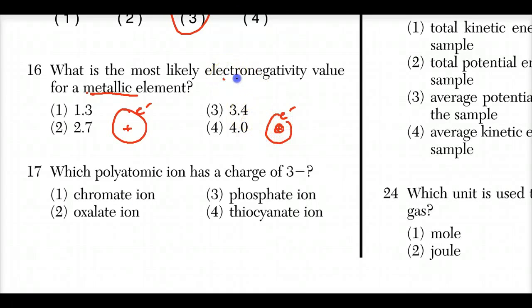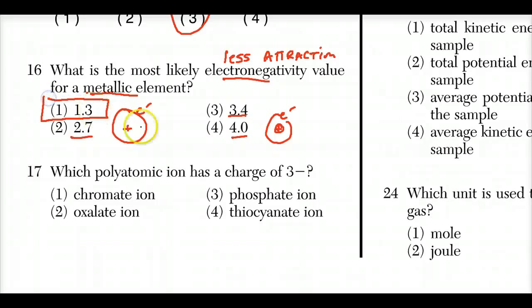So they tend to have less attraction. Electronegativity is attraction for electrons, so they have less attraction. So I'm looking at my numbers. I could go to Table S and see which one matches an element, and then find that element to see if it's a metal or not. But I can see that the best answer for me is the lowest value.